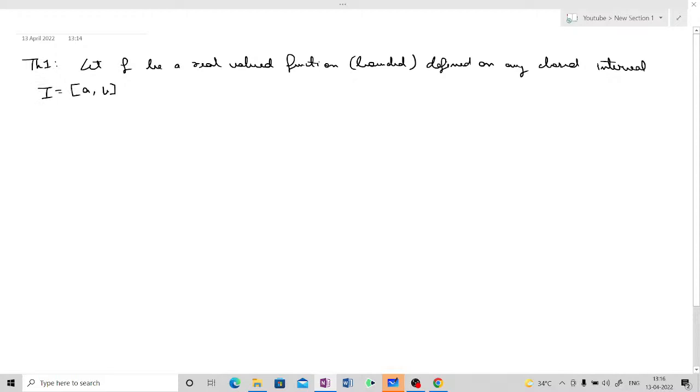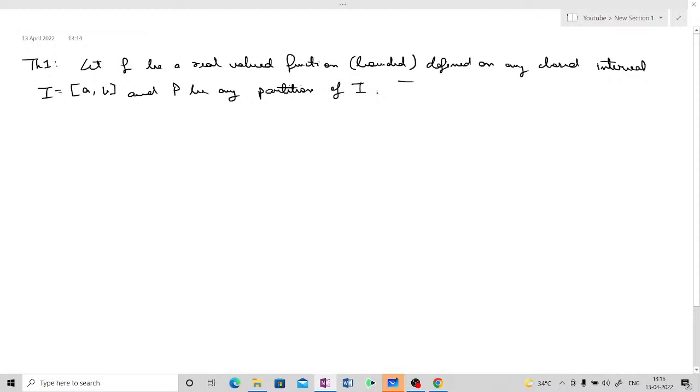Let us name this interval as I. Okay, and let P be any partition of this interval I.